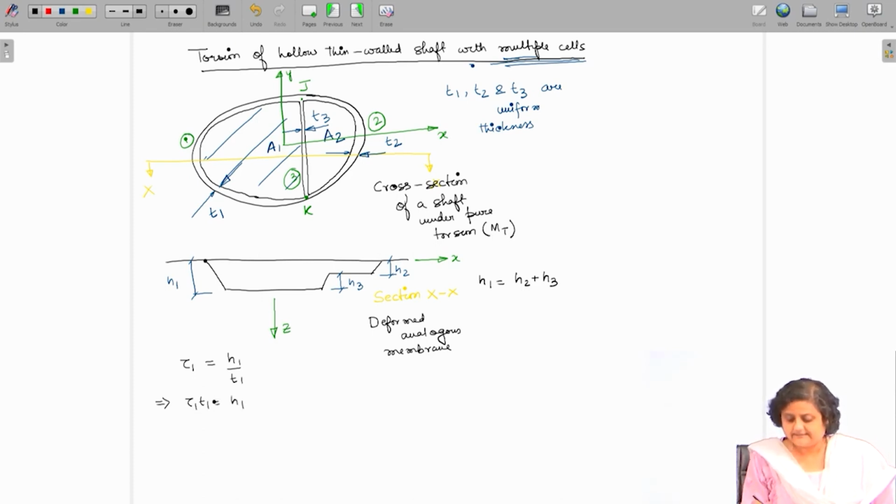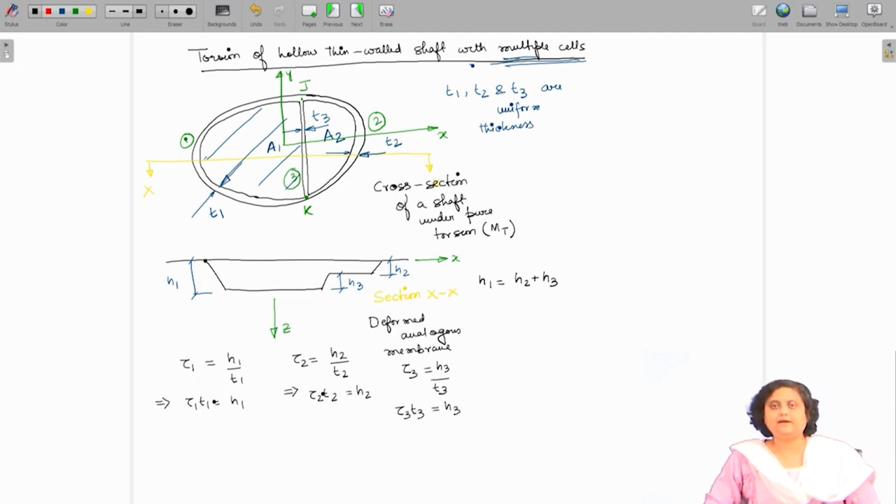Similarly, tau 2 is going to be H2 by T2, or tau 2 T2 is equal to H2, and so on. Tau 3 is going to be H3 by T3, or tau 3 T3 is equal to H3. This is exactly the same as what we did in the earlier lecture.